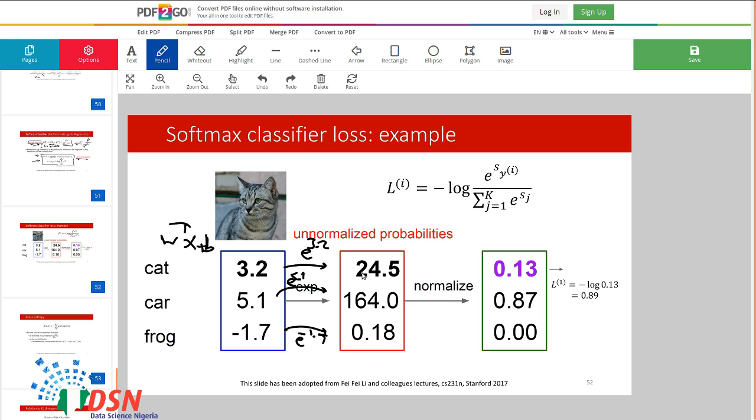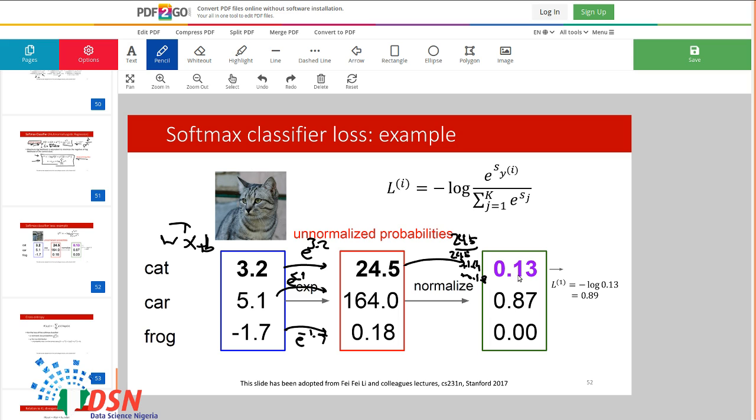Then we divide each by the sum of all of these. So we have 24.5 divided by 24.5 plus 164 plus 0.18. As you can see, now we have probabilities.